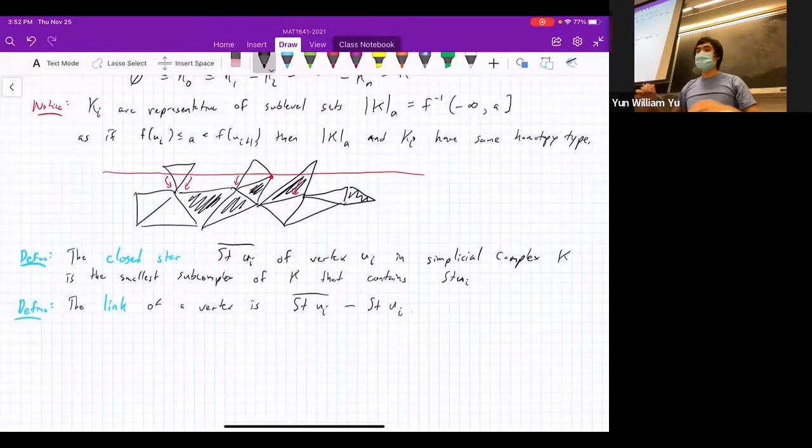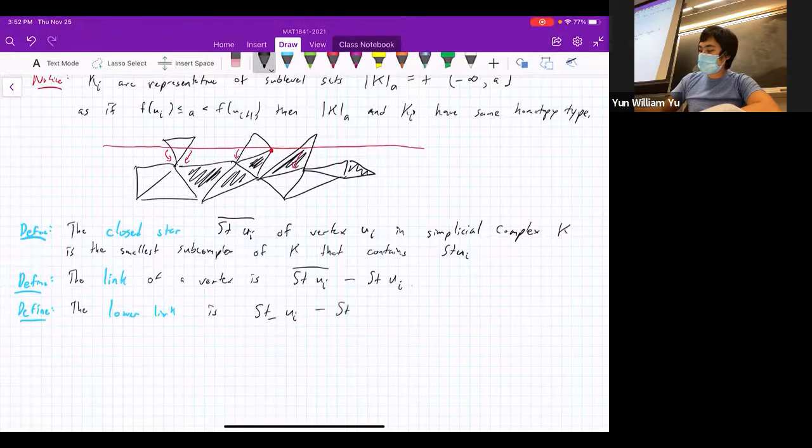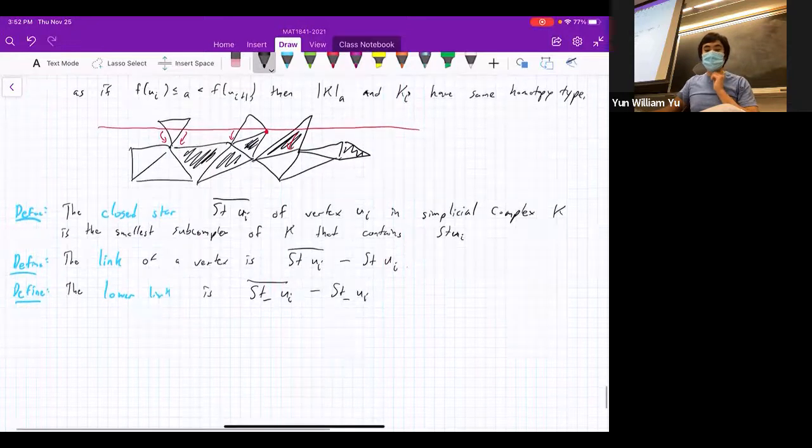Okay, so these are all the different things you've added. And we can also define a lower link because we defined the Lowerstar. So the lower link is the Lowerstar of, okay, so it's just everything that's in the closed Lowerstar that's not in the Lowerstar itself.